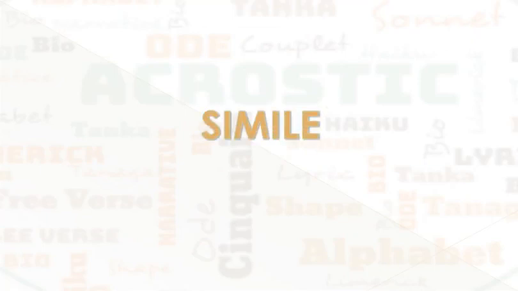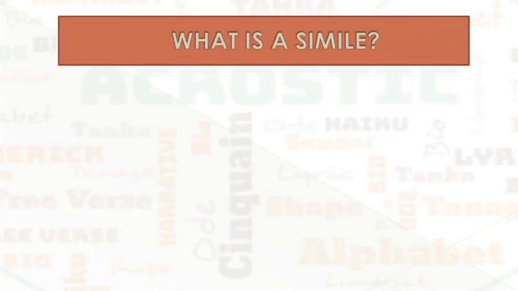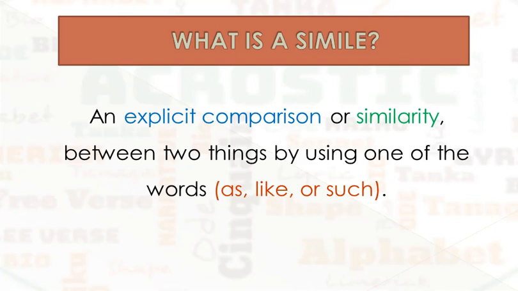Well, I will start with the first sense poetic device, which is called simile. So, what is a simile? Well, simile is an explicit comparison or similarity between two things by using one of the words, as, like, or such.